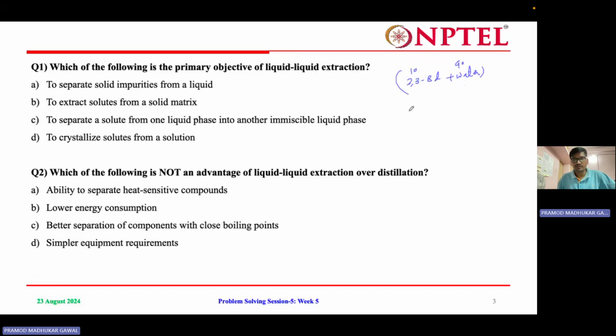The solute is generally denoted by C and the carrier by A. And the solvent used here is butanol, to separate the 2,3-BD from this feed. This is the feed, right?